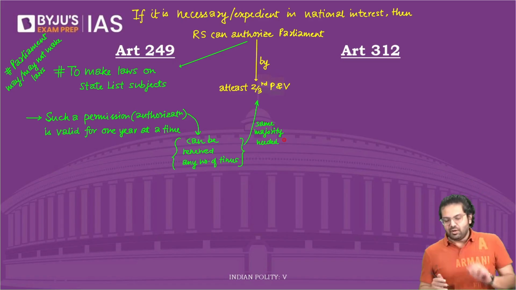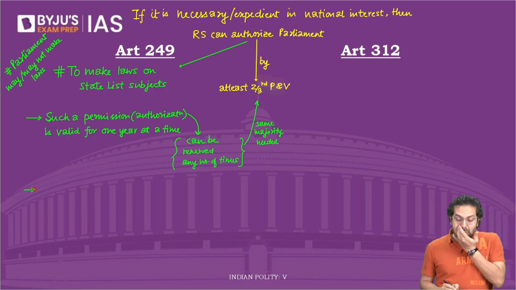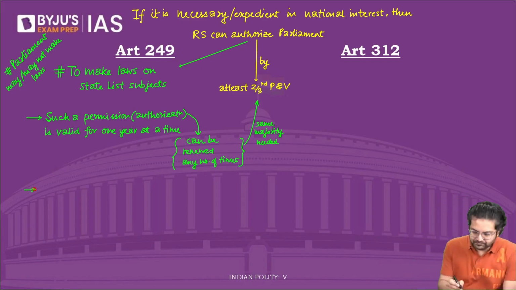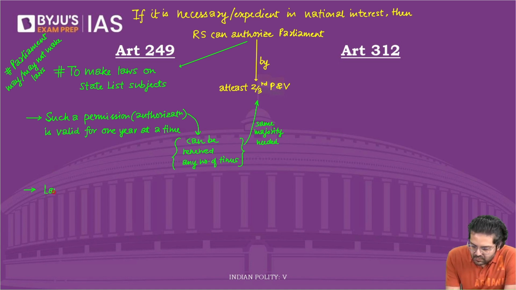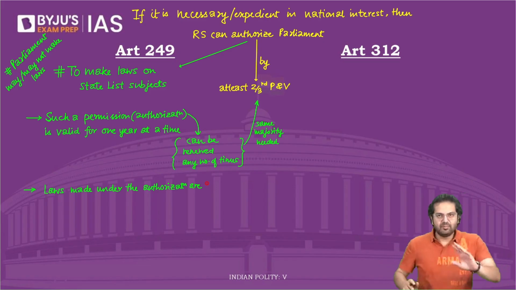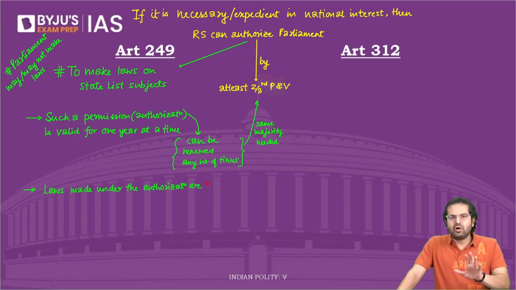Now, what about the laws made under this? What about them? So, laws made under the authorization are not valid forever. If let's say Parliament makes a law on some topic, take it for example, topic of police for Rajasthan, that law is not applicable forever.